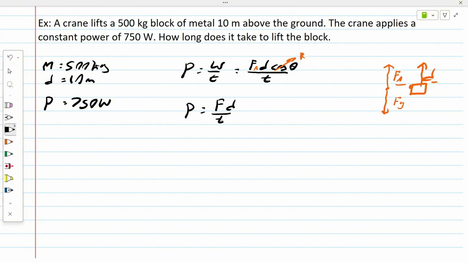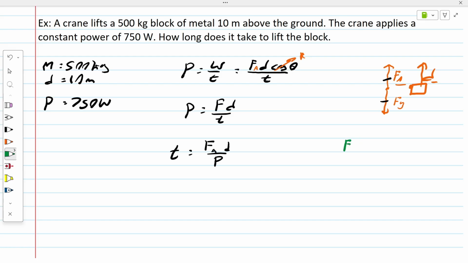And so now we're just looking for time, so we can rearrange the equation for time as the force applied times distance over power. But we're not given the force applied. But we can see from our free body diagram that the force applied is equal to the force due to gravity.